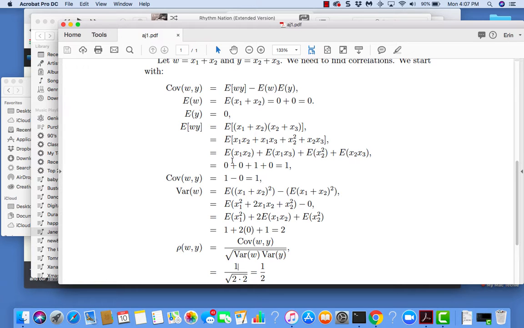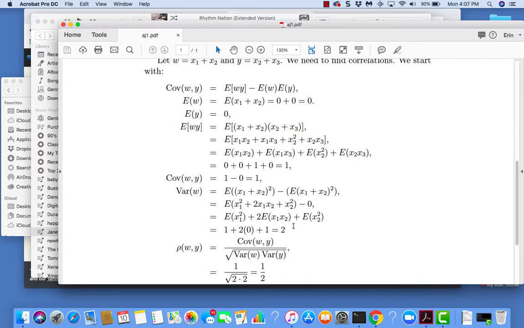So we're going to have expected value of x1 x2 plus the expected value of x1 x3 plus the expected value of x2 squared plus the expected value of x2 x3. Now you notice here that each one of them, except for the third term, is a mix of some kind. So we saw that that worked out to be just plain 1 down here.